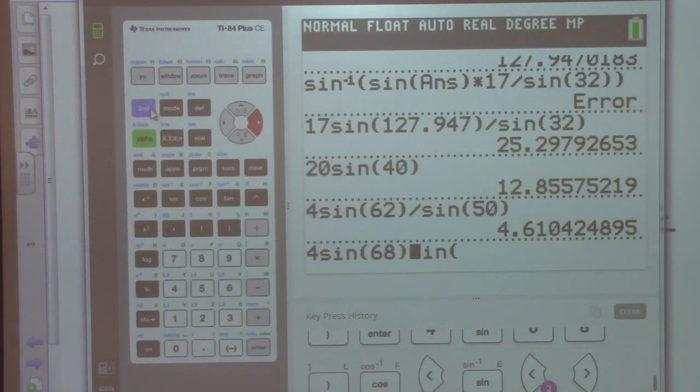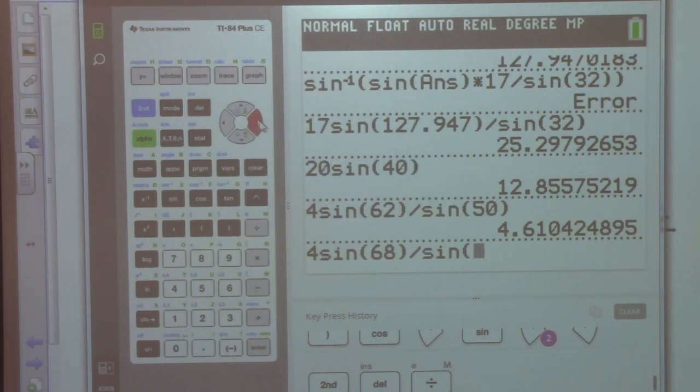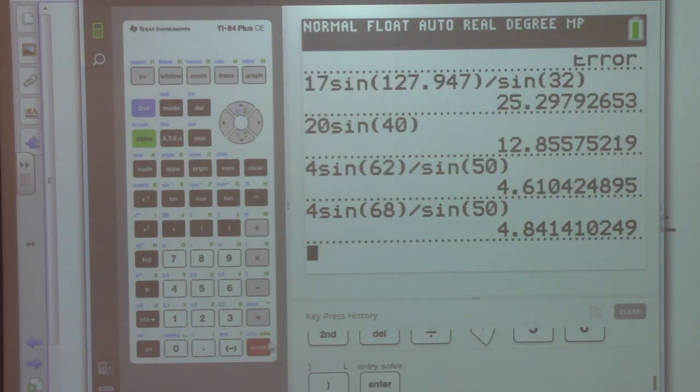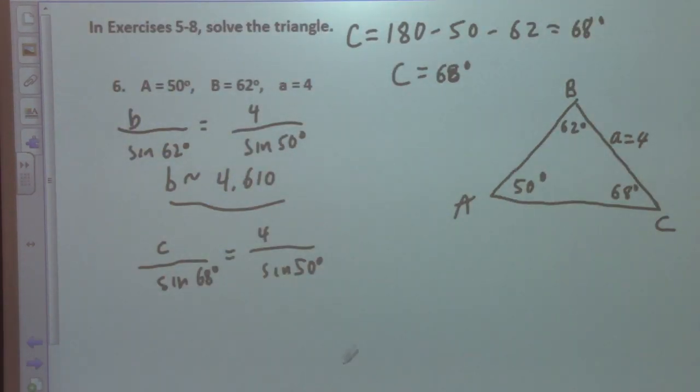Let's see, second, insert, divided by, there we go. Oh, I'm just mishitting these buttons here. That should be good, right? So 4.84, does that sound right? 84.1. So 4.8, so that's it.